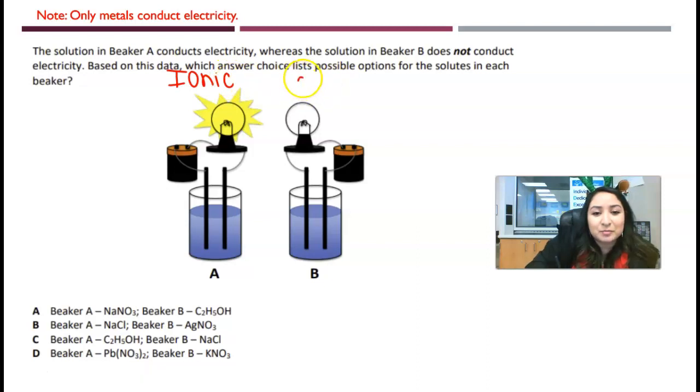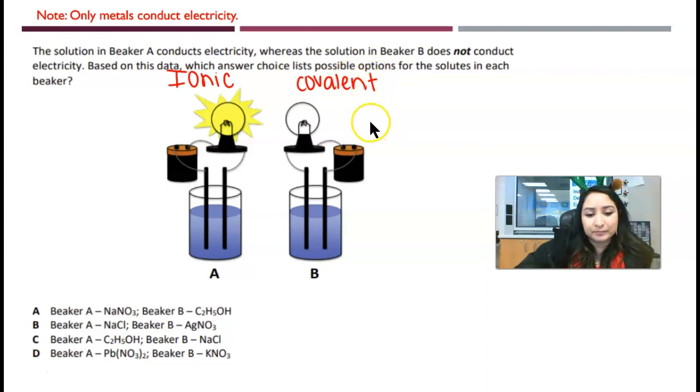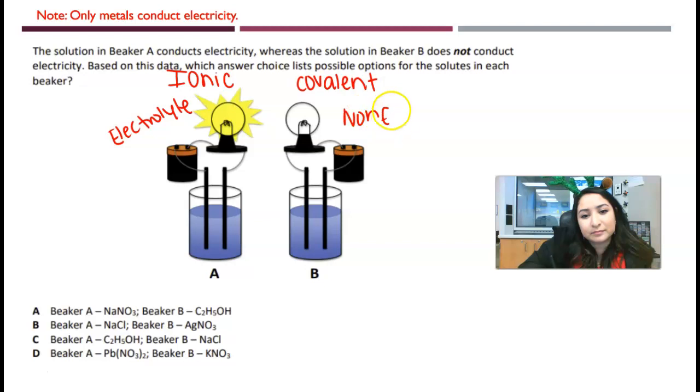Ionic, and this one should be covalent because it does not conduct electricity. Or you can think of this as an electrolyte and non-electrolyte. Remember, electrolytes are ionic compounds, which means they need to have a metal in there.